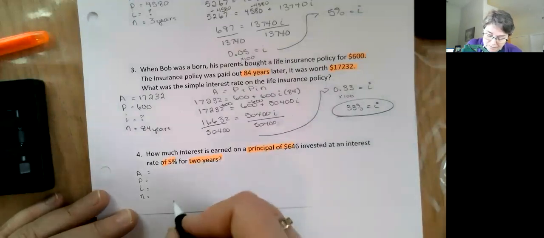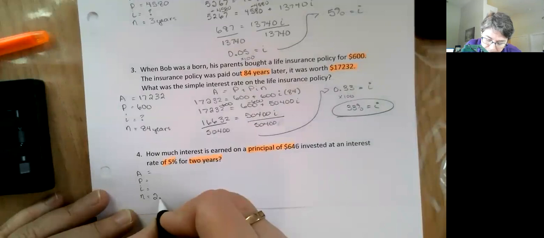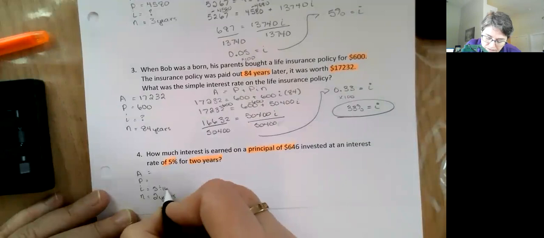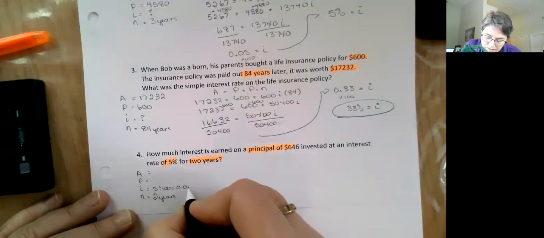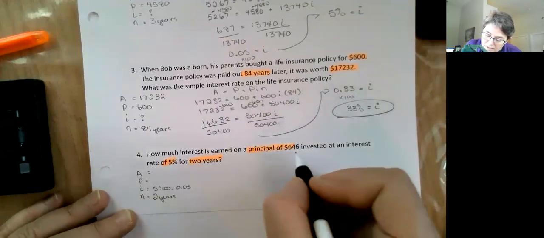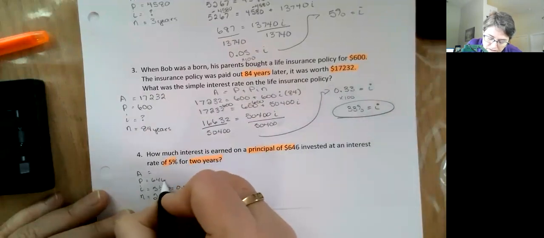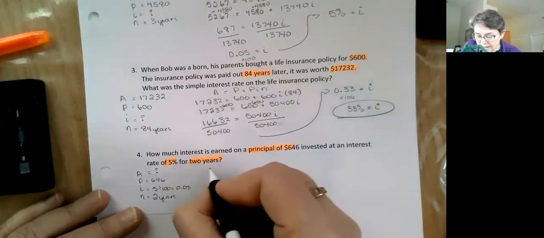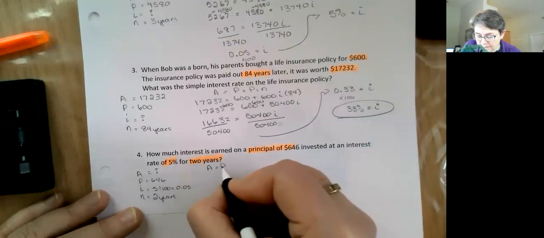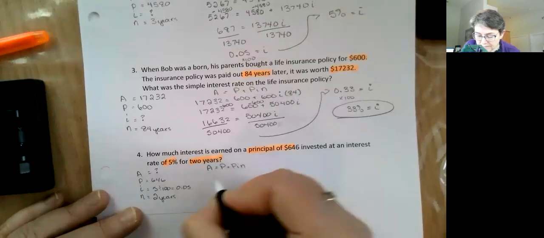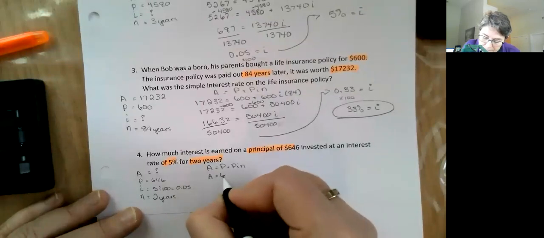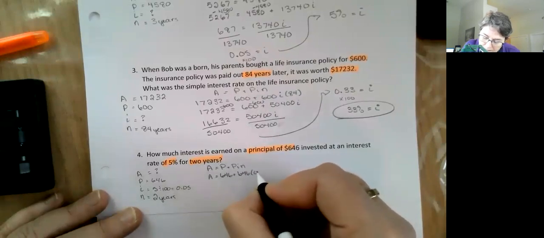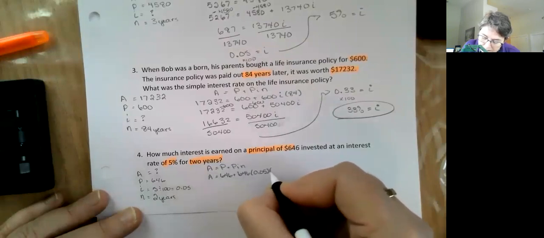Oops. So, 2 years, 5%, so it's 5 divided by 100, 0.05, and a principal of 646. And we don't know. So let's figure out what we have at the end. 0.05, 2.